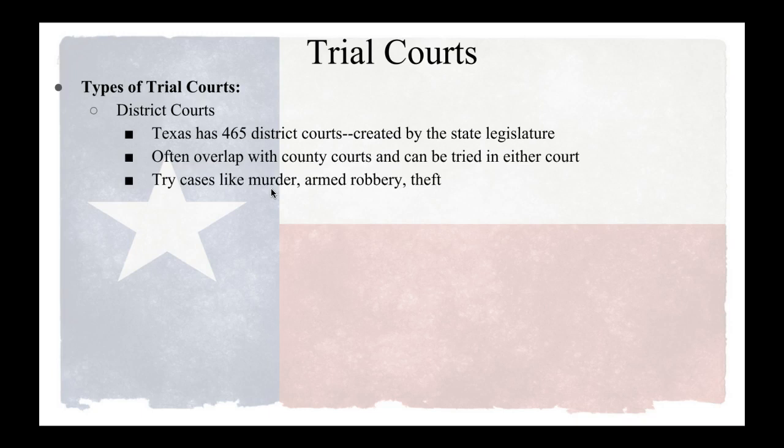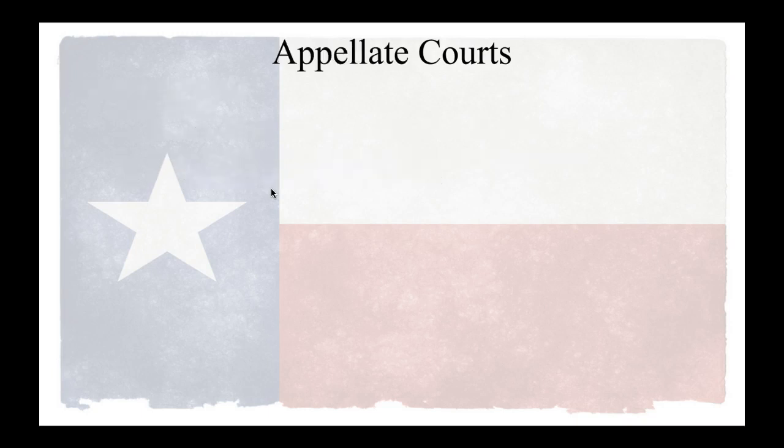Typically, large urban counties will have several district courts in their jurisdiction, in their area. But in smaller rural areas, district courts may serve several different counties. And like I said, they often do overlap with those county courts. And so you can decide where to hold your case in that situation.